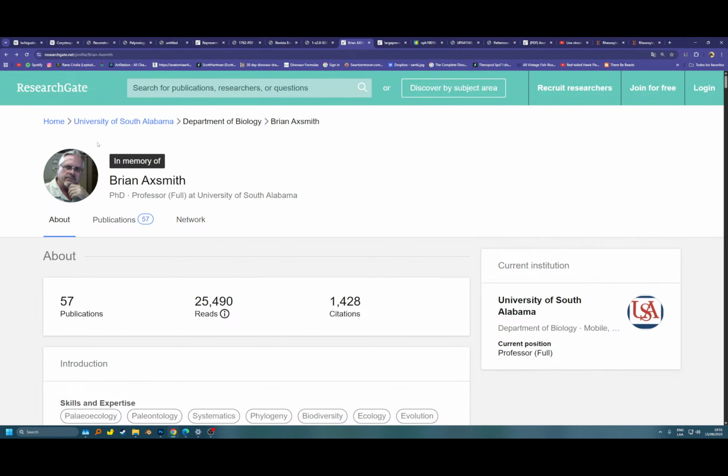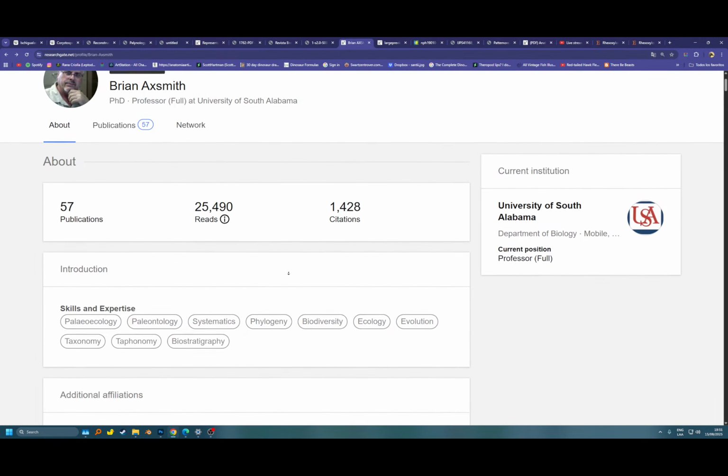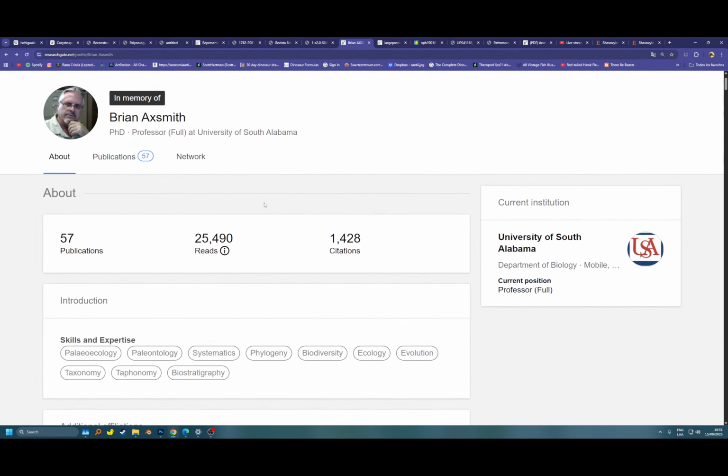Brian Axsmith passed away in 2020, I think. He was very involved in the investigation of dicroidium and other Triassic floras.